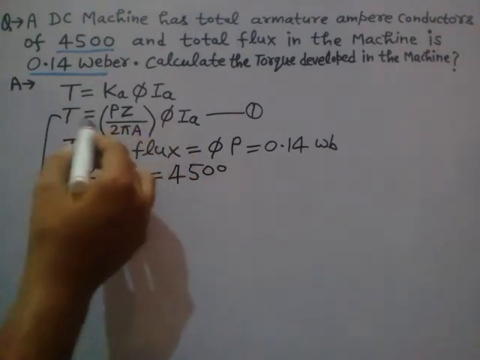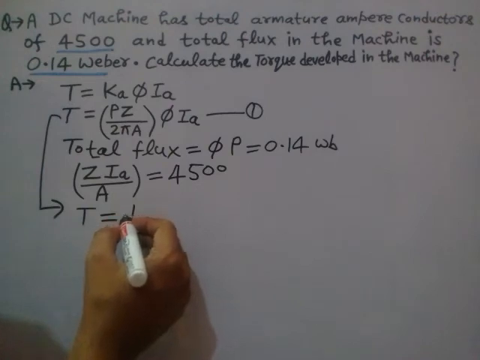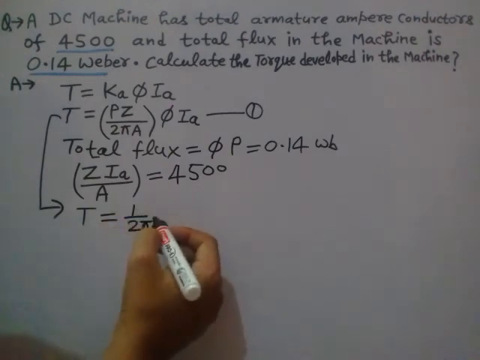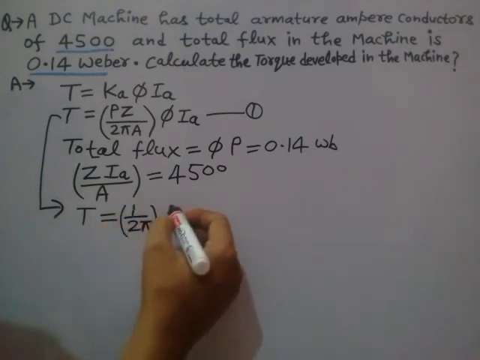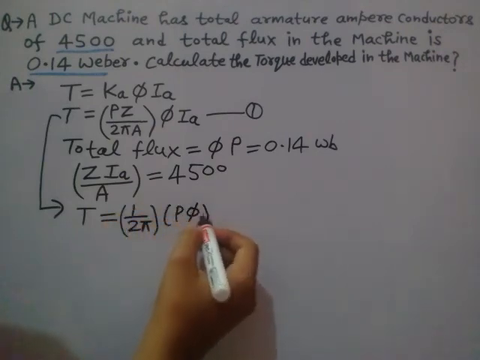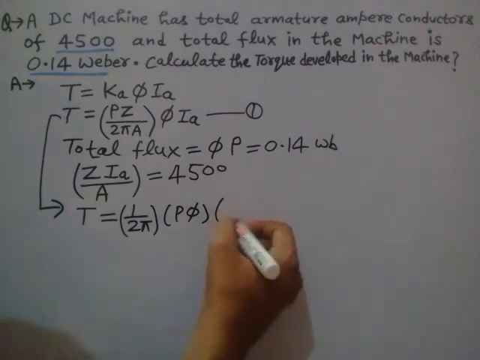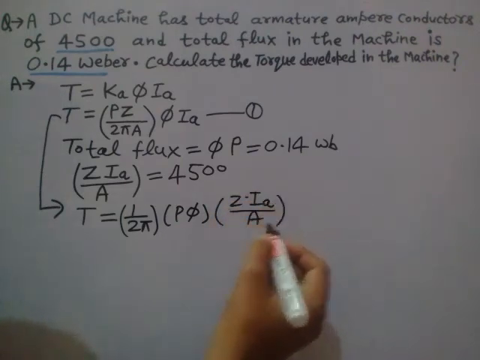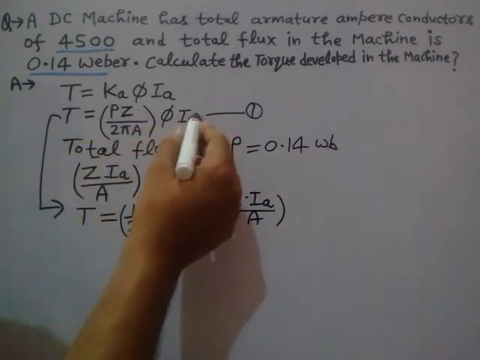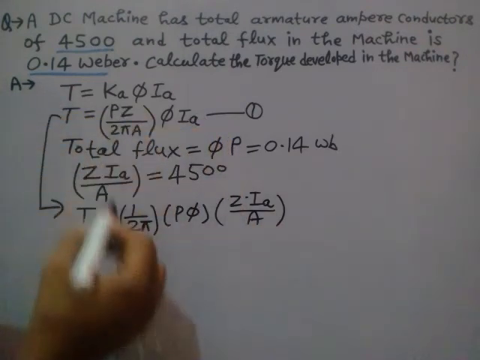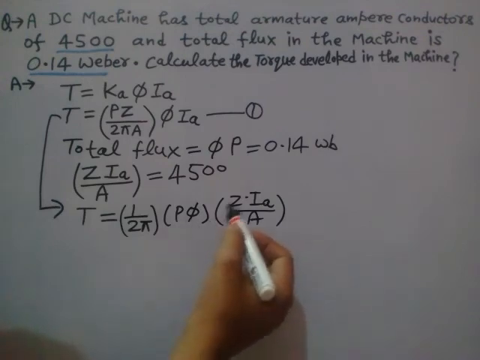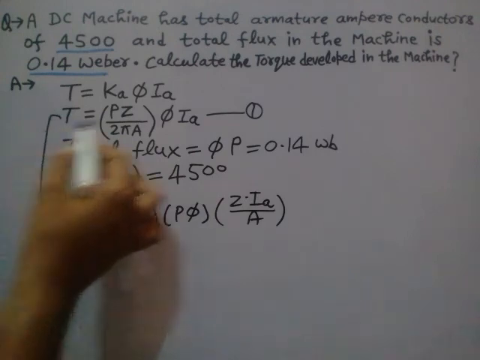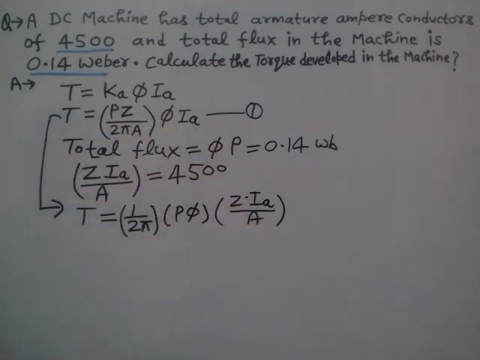So I can write this equation number 1 in this manner: 1 by 2 pi into P phi into Z Ia by A. So P Z by 2 pi into phi Ia, I can write as 1 by 2 pi into P phi into Z Ia by A. You can rearrange the terms and write equation number 1 in this fashion.